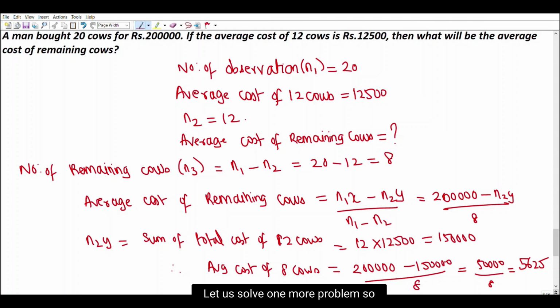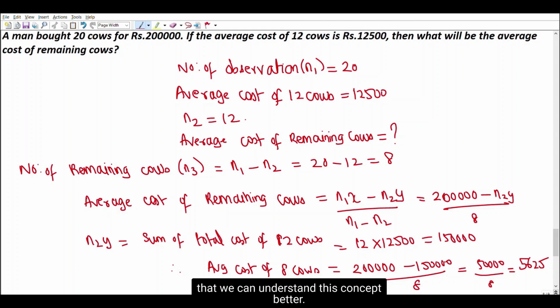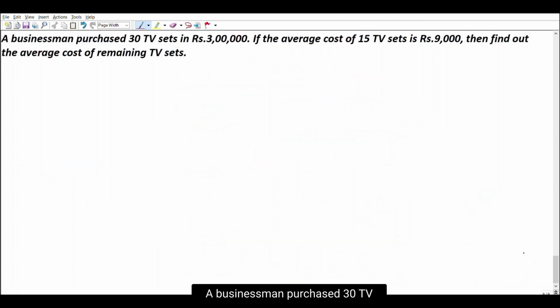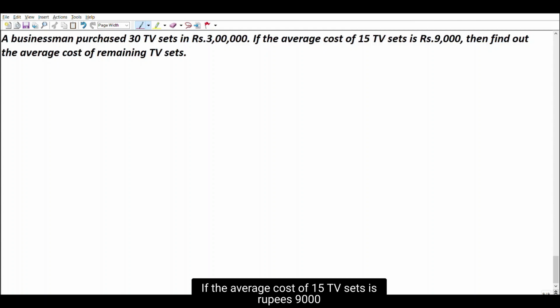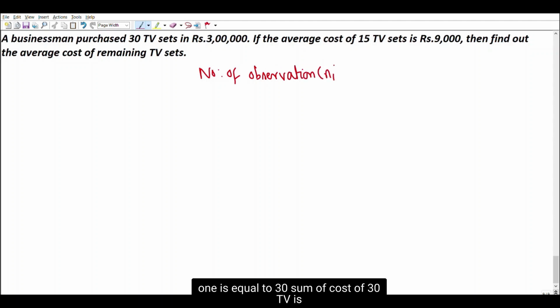Let us solve one more problem so that we can understand this concept better. A businessman purchased 30 TV sets for rupees 3 lakh. If the average cost of 15 TV sets is rupees 9,000, then what is the average cost of remaining TV sets? So it is clear from the question that number of observations n1 is equal to 30.